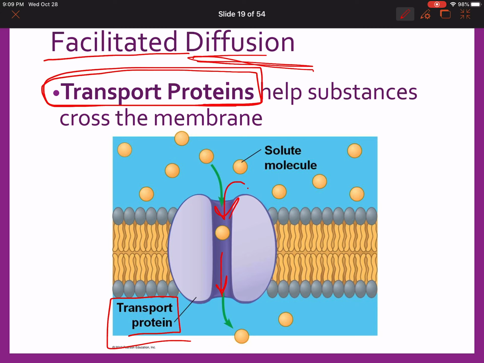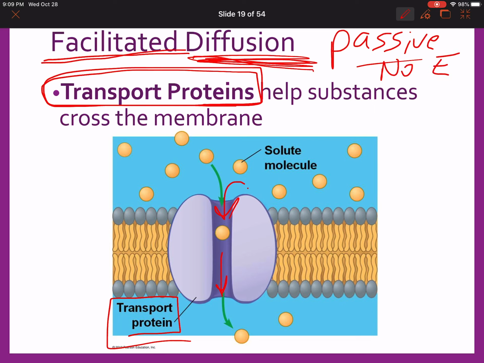So since it's diffusion, active or passive? So long as I keep saying diffusion, we're still passive. So no energy here. But to facilitate means to help. So it is basically diffusion with help. The help is the protein.